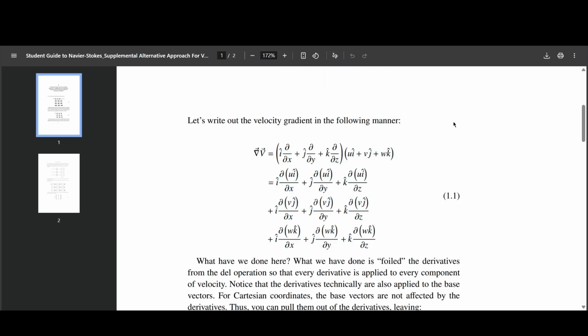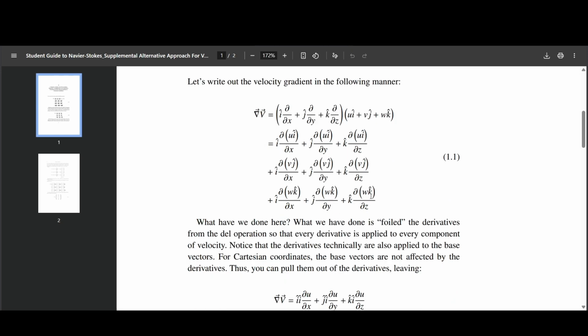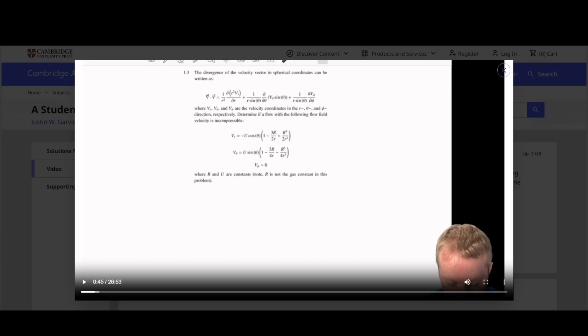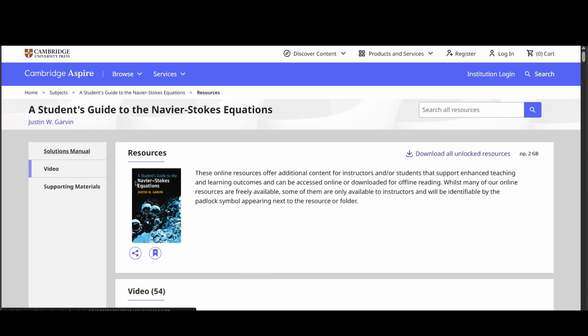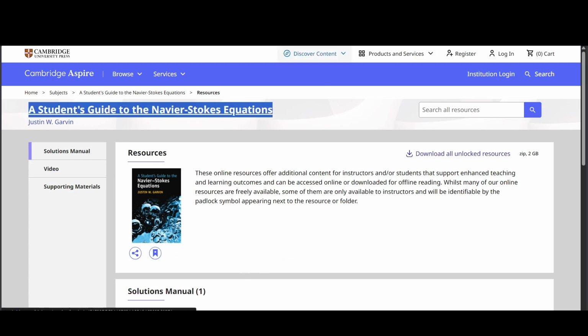I got this little PDF from Cambridge. The source will be from cambridge.org, and you can check it for yourself as well. It's a Student's Guide to Navier-Stokes Equations.